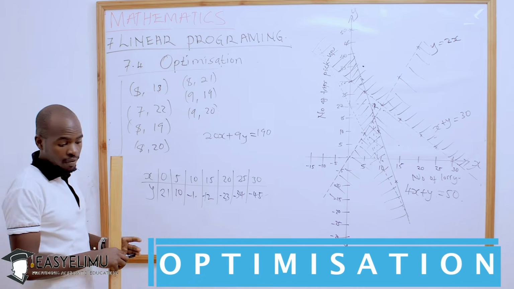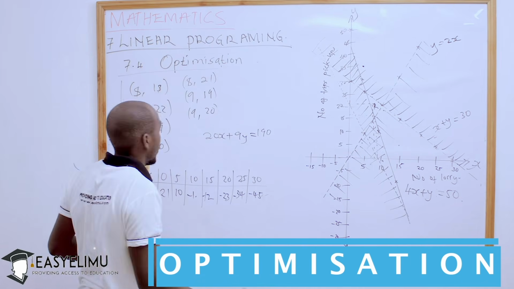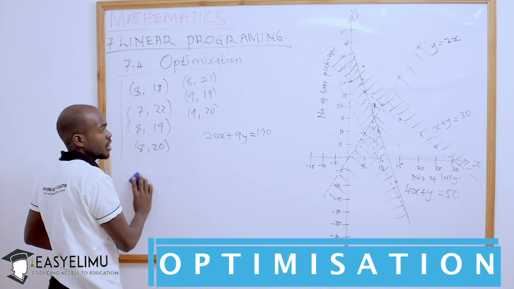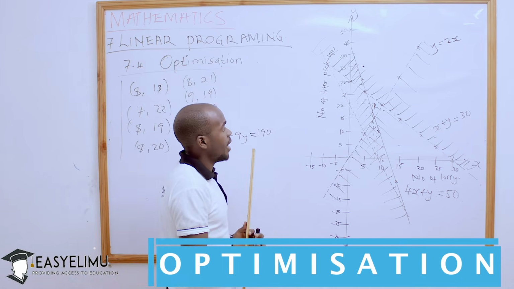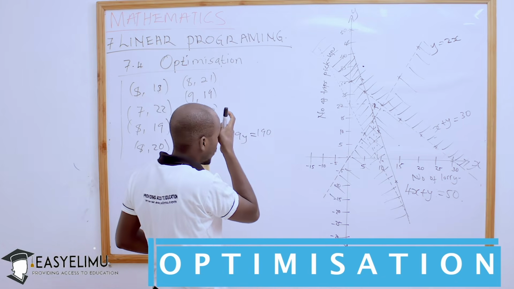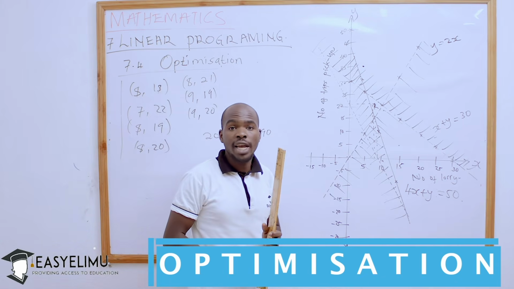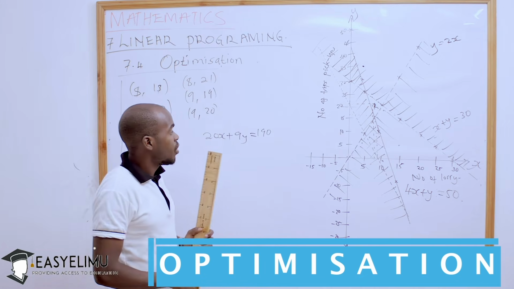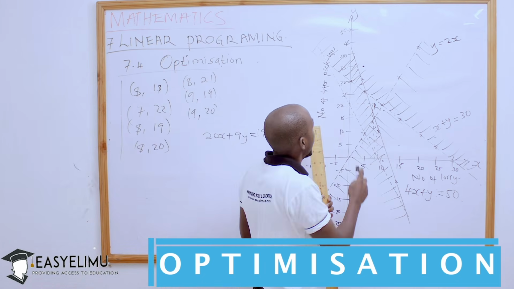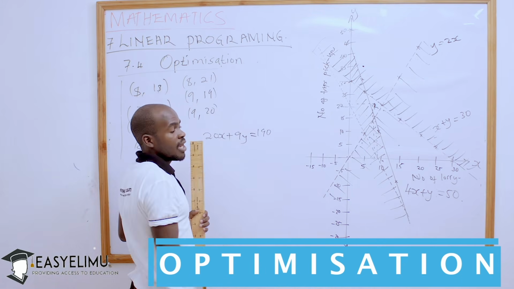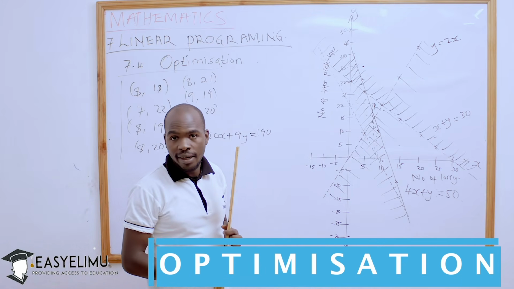Now from the graph, we can construct a line, and I've drawn the line of 20x plus 9y equals 190 from the points which I selected using the objective function line. The line which I have drawn here, resembling what is here, is what we refer to as the search line.